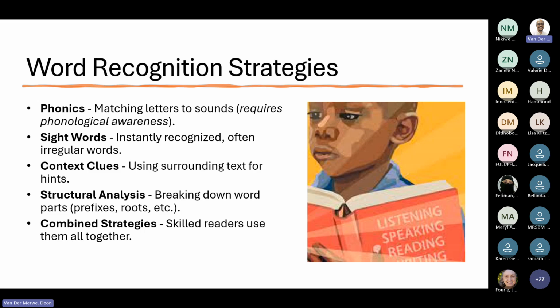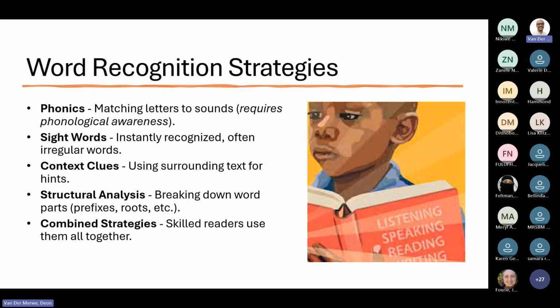And then we also have structural analysis. And this involves just breaking words into parts, into prefixes and suffixes, into root words and syllables. And it helps learners figure out unfamiliar words by understanding their structure.